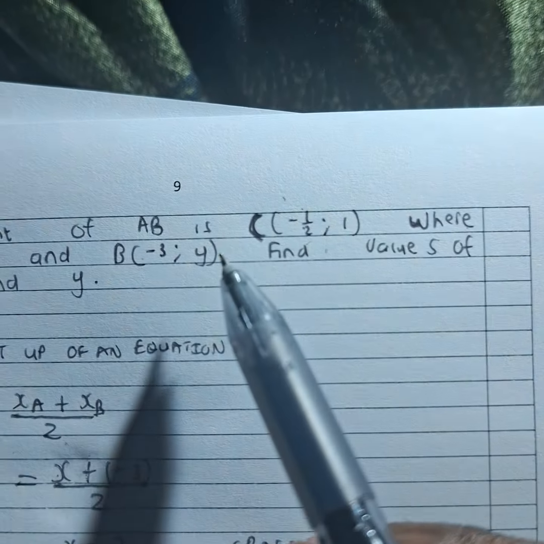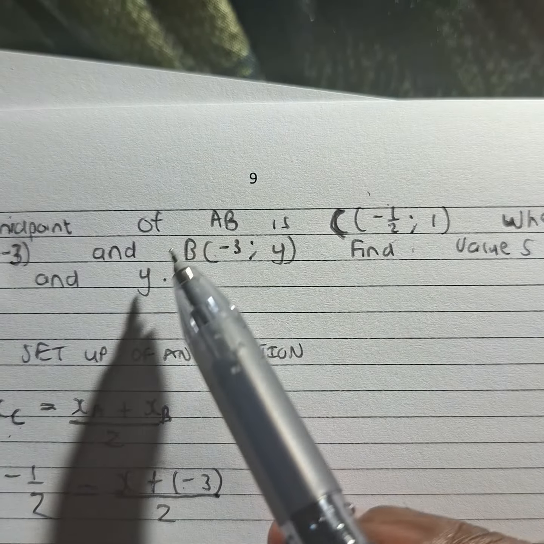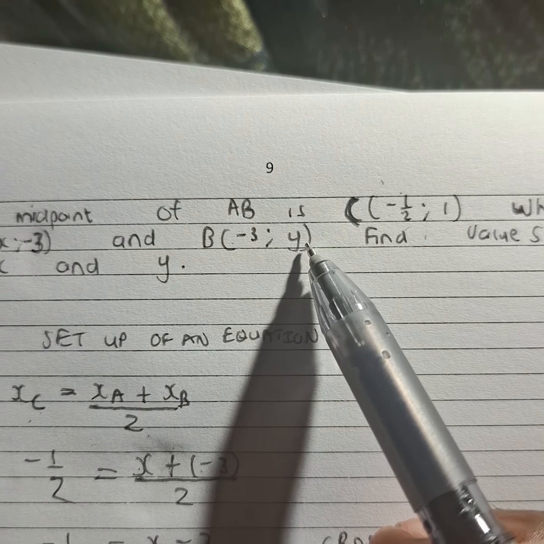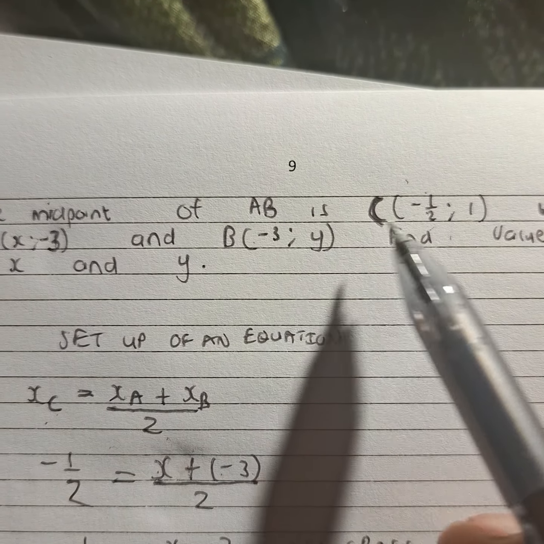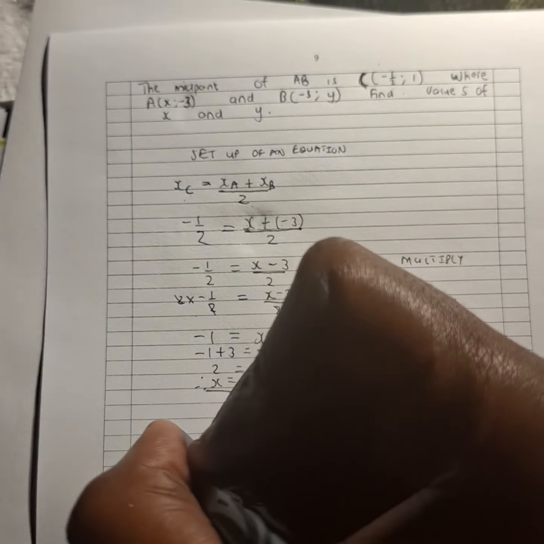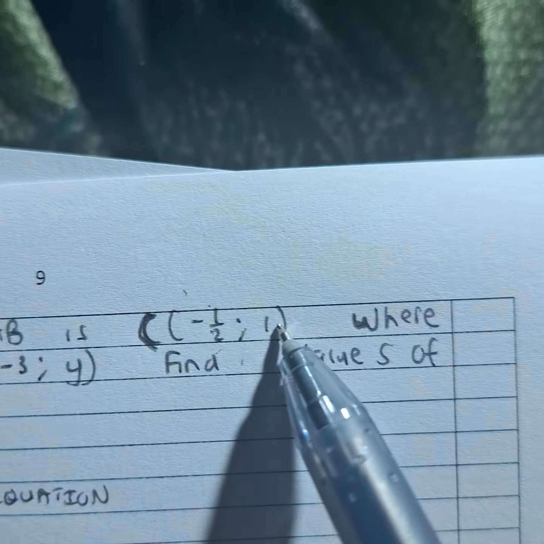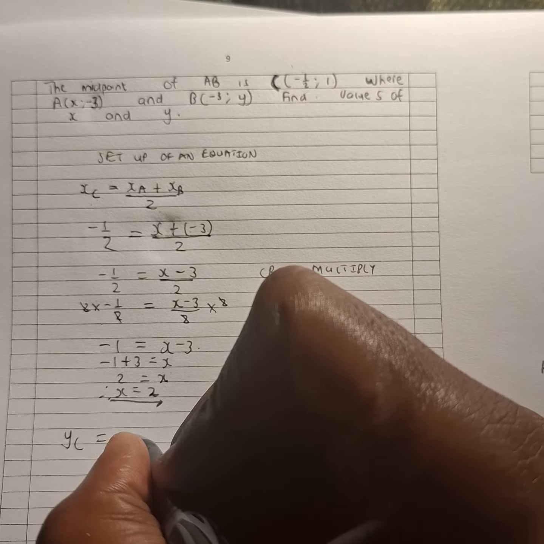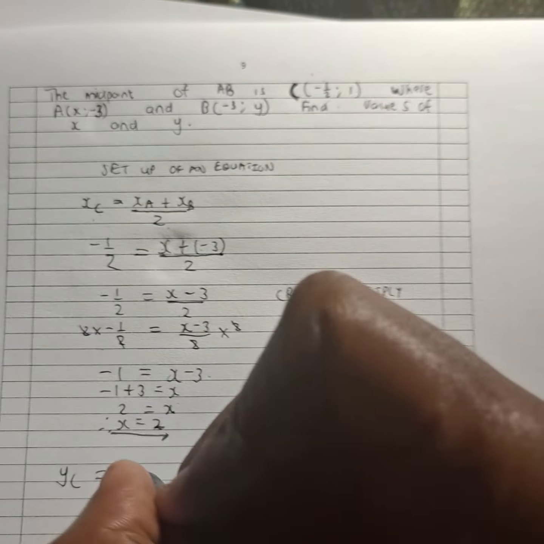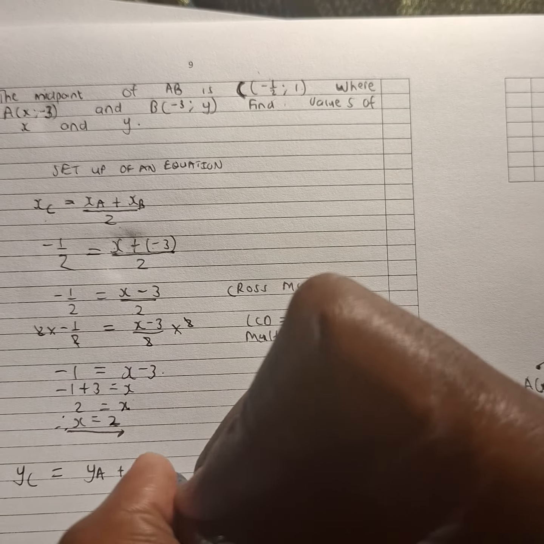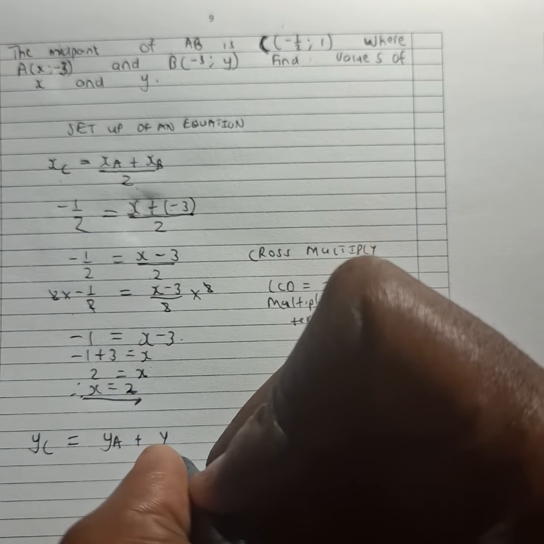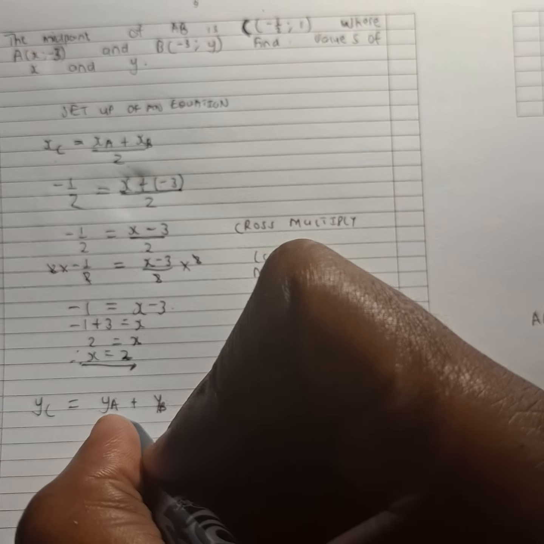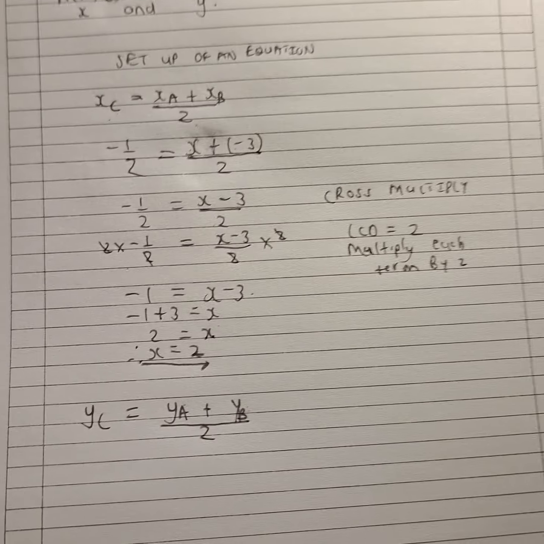Now, I need to find the y coordinate of B, which is my other endpoint. So now I'm going to focus on my y coordinates. I say the y coordinate of the midpoint, which is C, is the y coordinate of A plus the y coordinate of B, because remember, these are my endpoints for y, over 2.